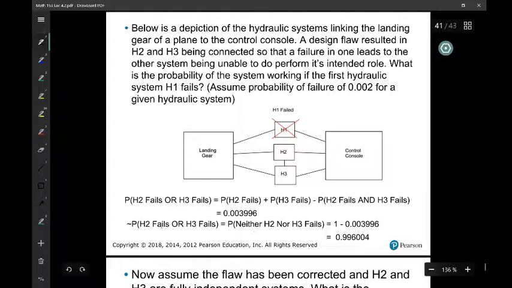So the complement would be 1 minus this probability, which we calculated above. So the probability that neither this one nor this one fails is 1 minus the addition of their probabilities.